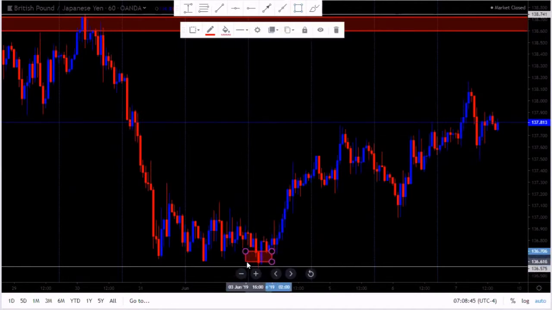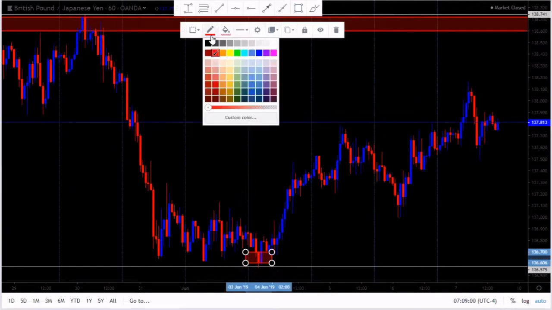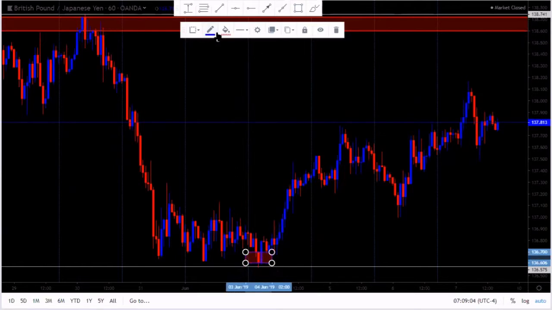I extended it to make sure that we're getting price. This is just to give you an idea where the reversal is. So let's go up to settings. Oh, let's change the color first. We're going to do this one blue, and we're going to do the fill color blue.